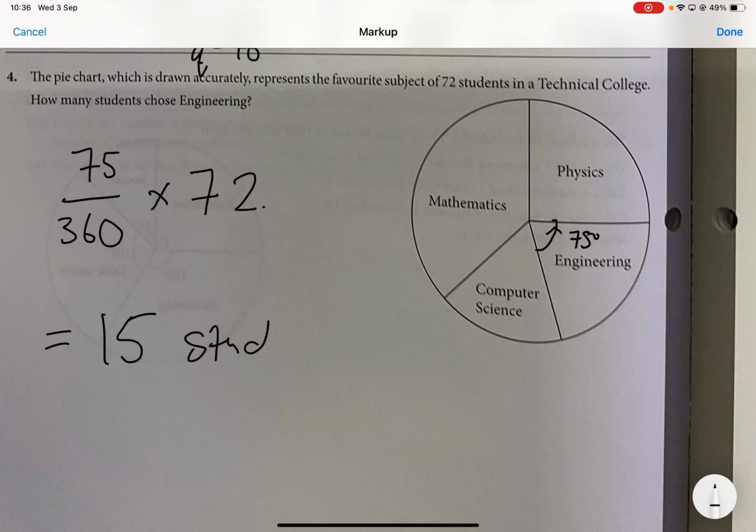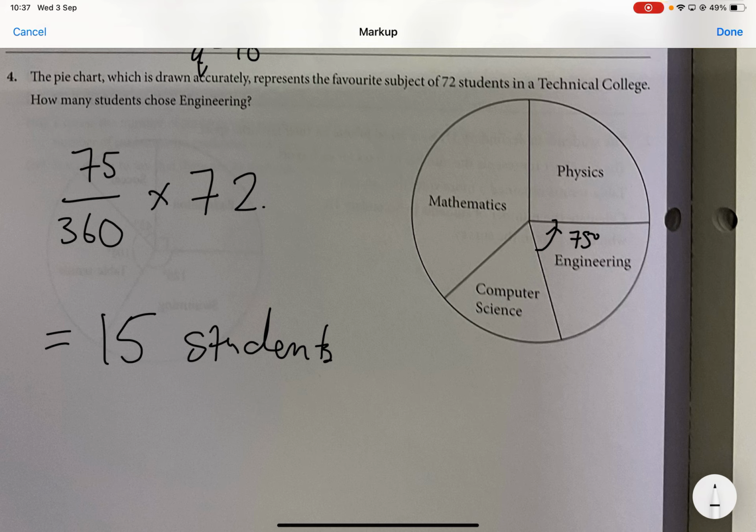So 15 students chose engineering as their favorite. Okay, so we must be able to link 100% with 360 degrees, with the total number of students, and also with a fraction. 100% is one whole. 75 out of 360 is a fraction of the total.